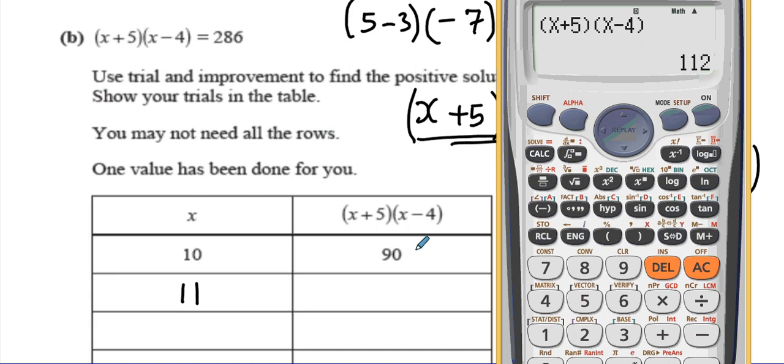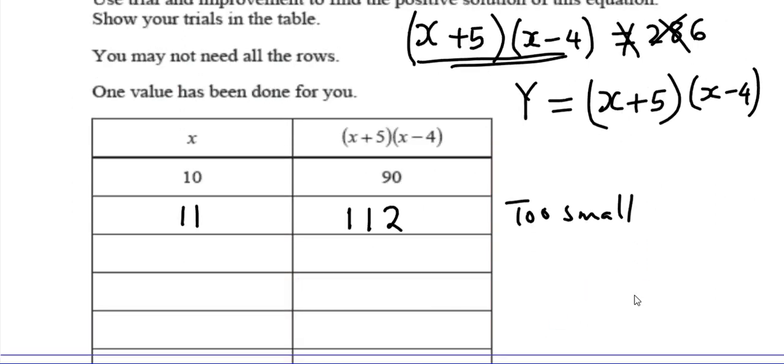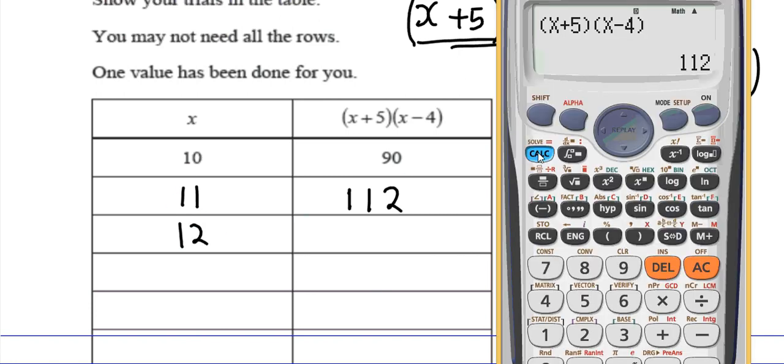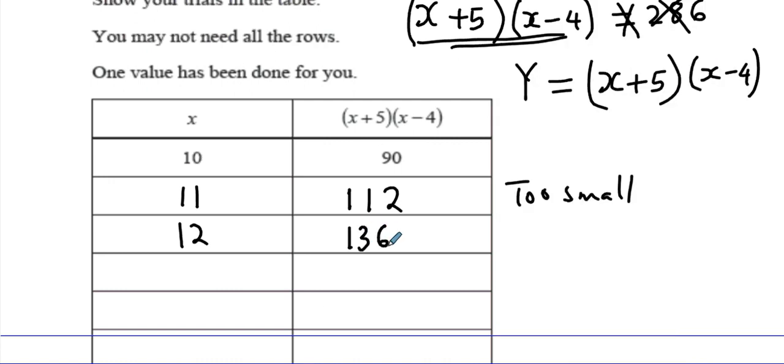We are getting 112, and this is too small. And try 12. We are getting 136. This is still too small.